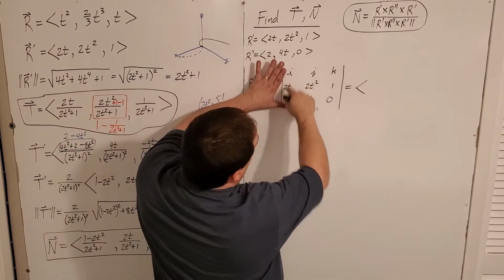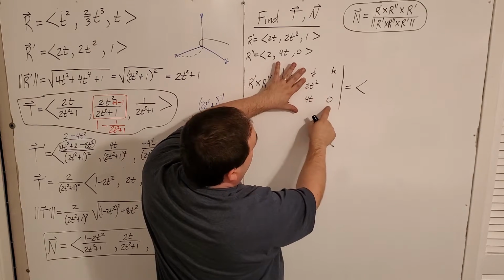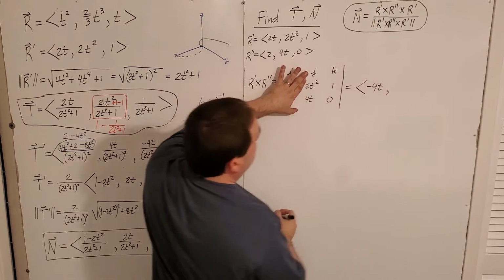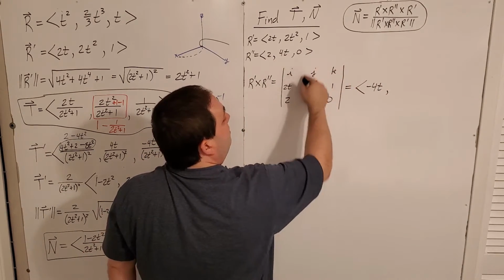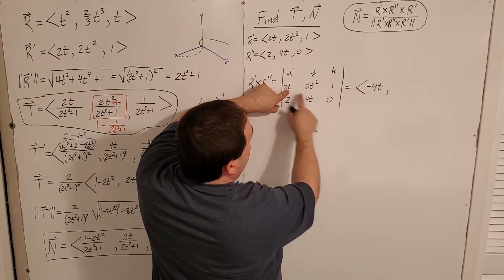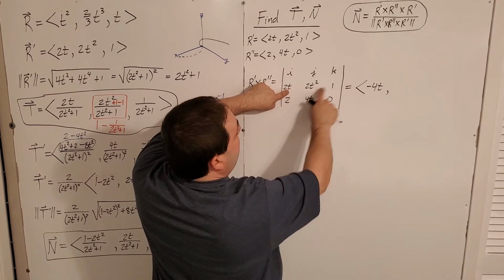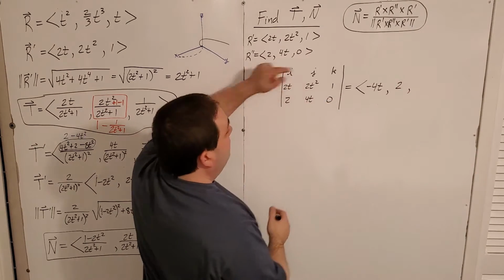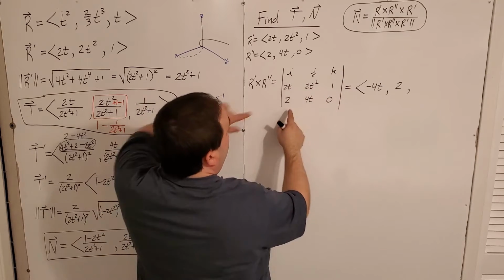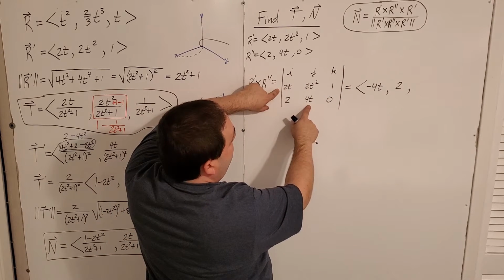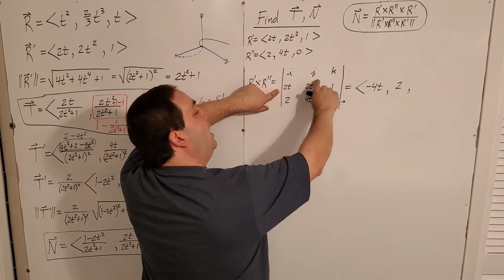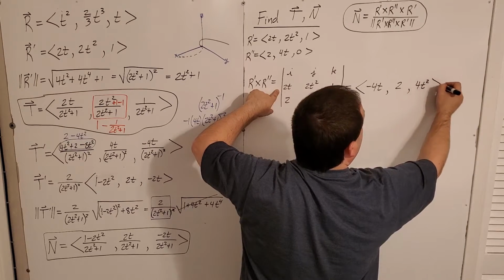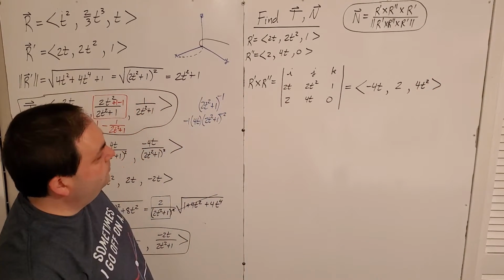Well, for the i, I'm going to have 0 minus 4t. Then with the j column, wipe it out, I'll have 2t times 0, which is 0, minus 2, but alternating on the j makes it positive 2. And then for the k right here, I'll have 2t times 4t, right, 8t squared, minus 4t squared. So I get 4t squared, like so. Okay?